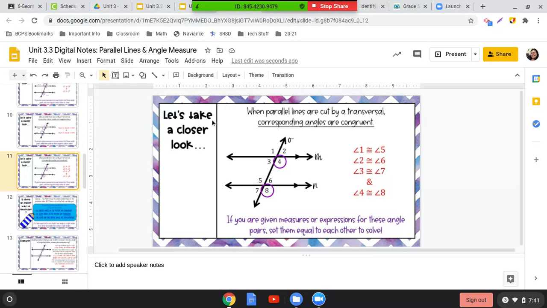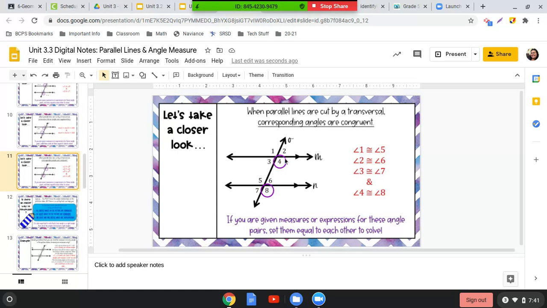So let's take a closer look. When parallel lines are cut by a transversal, corresponding angles are congruent. So we know that corresponding angles are the angles who are in the same spot, just on opposite clusters. So we have our top cluster up here and our bottom cluster down here.